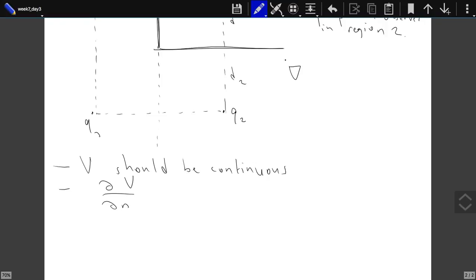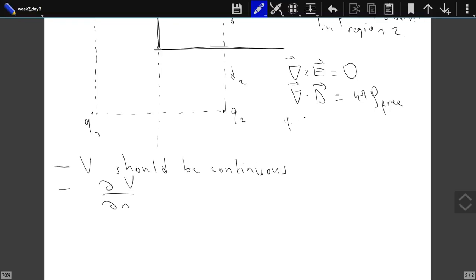In a dielectric, what is the curl of E? 0. It's always 0. And the divergence of what? It is equal to 4 pi rho free, of the displacement field.